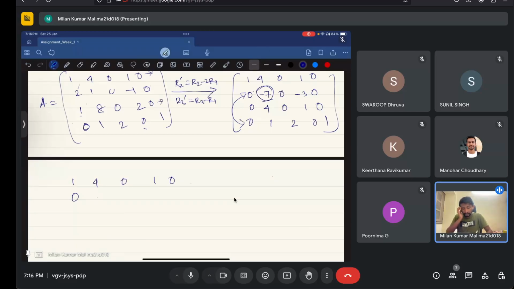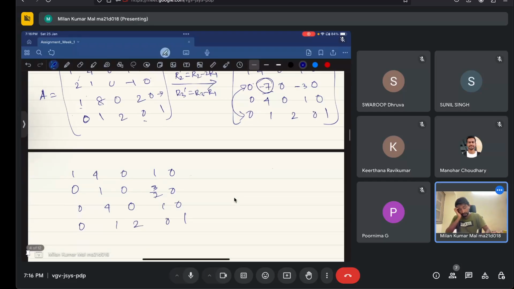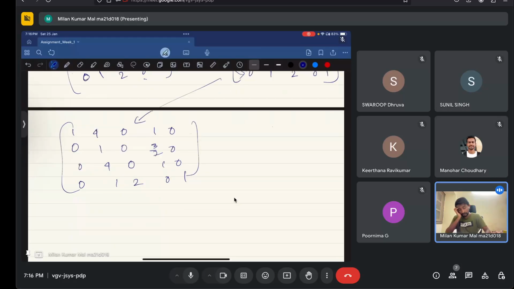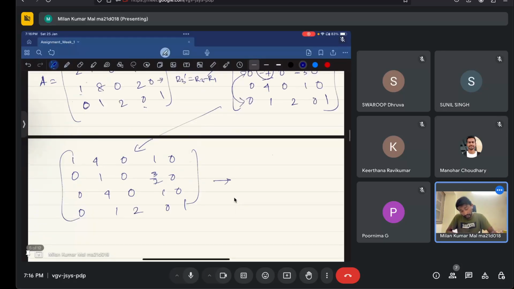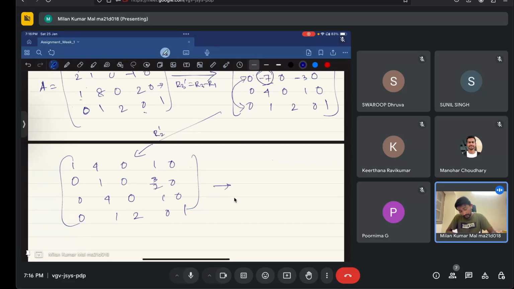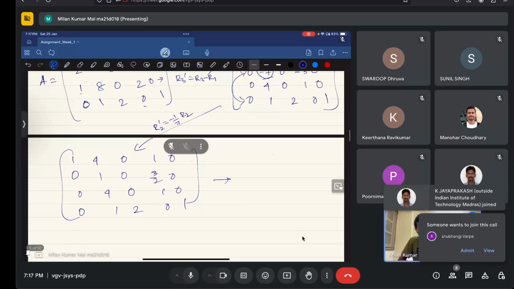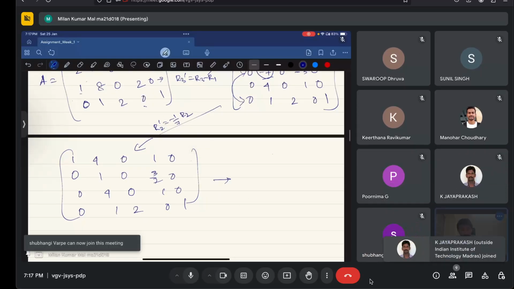I'll multiply by minus 7, that will be 1 1 0, 3 by 7 0 0 4 0 1 0 0 1 2 0 1. This is the matrix, which we obtain from here. Now what has happened here is that R2 is replaced by 1 by minus 7 R2, right? This is what happened.